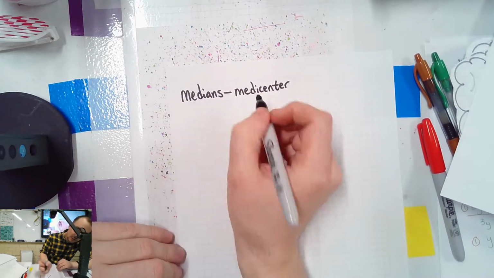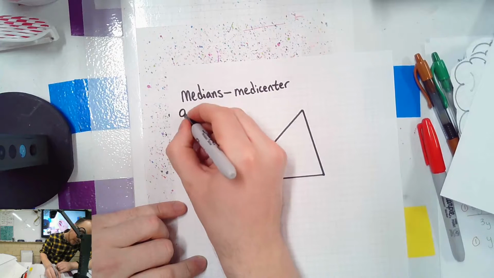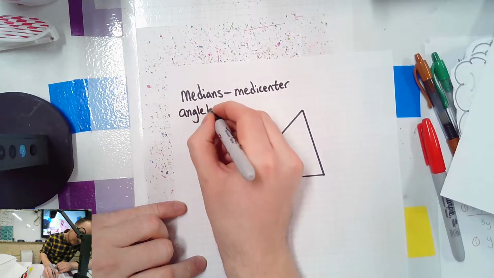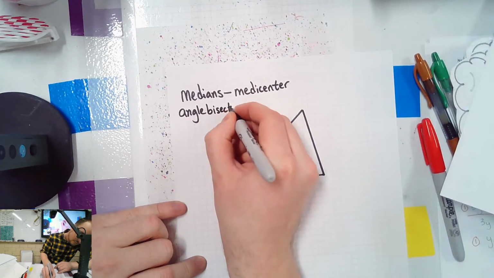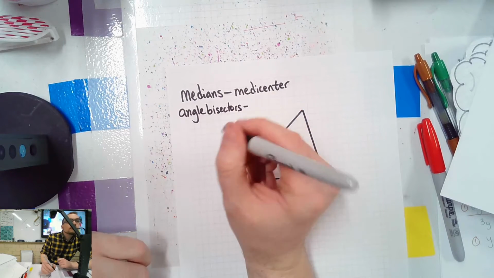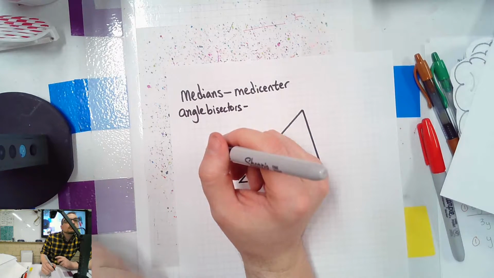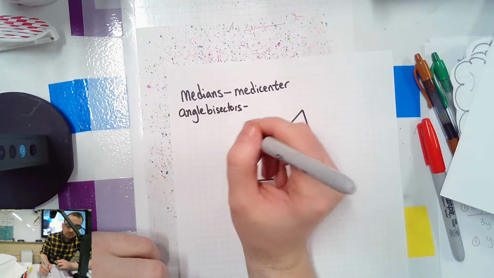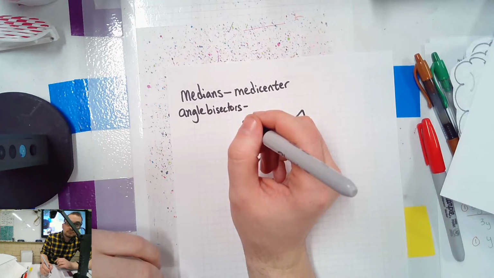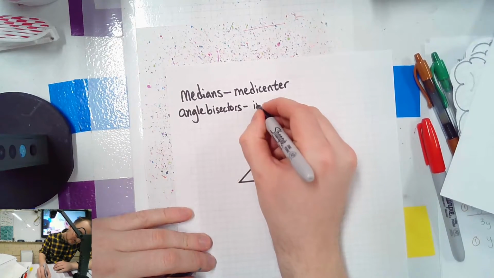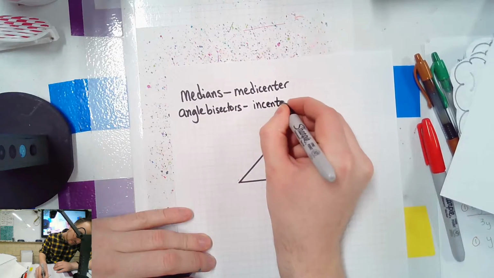All right, so medians go with the medicenter. Angle bisectors go with what center? Incenter.